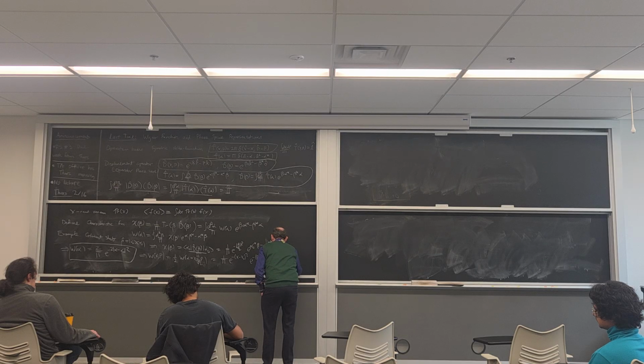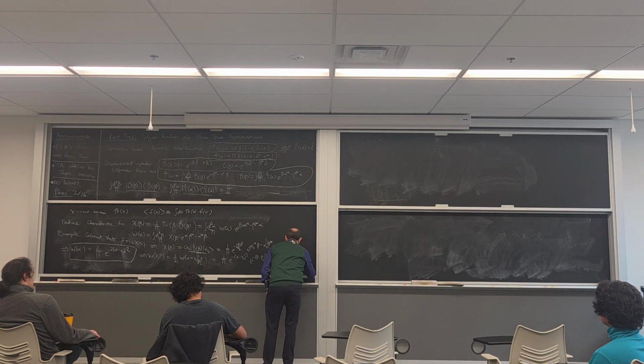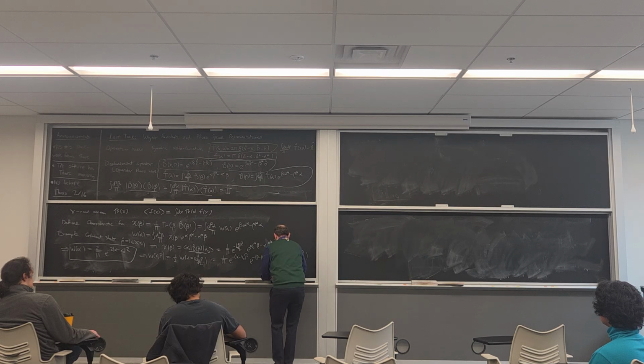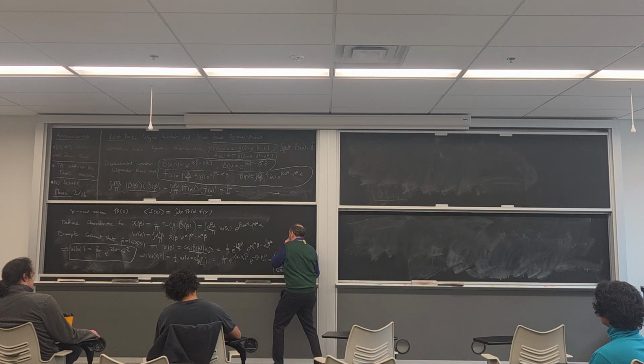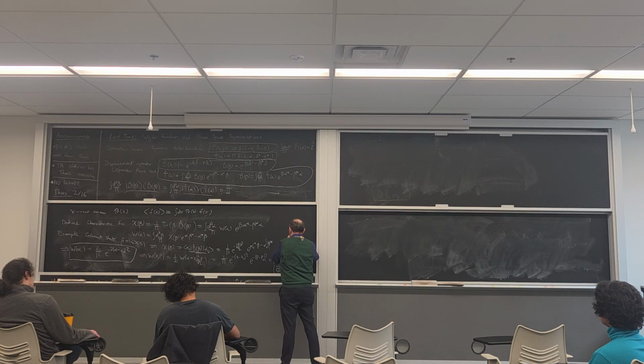Or it's equal to 1 over the square root of 2 pi delta x squared e to the minus x minus x naught squared over 2 delta x squared times 1 over the square root of 2 pi delta p squared e to the minus p naught squared over 2 delta p squared, where delta x squared equals delta p squared equals a half.